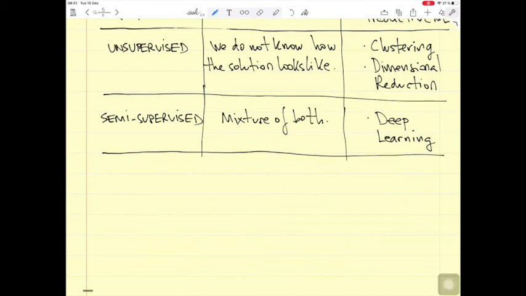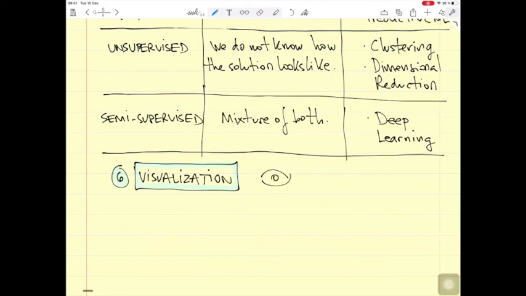Okay, so then the last point is the visualization. Once we have performed our analysis, we need to visualize, okay? We need to get some visuals. And we have seen some examples of this before.